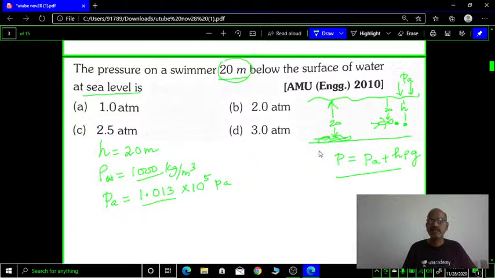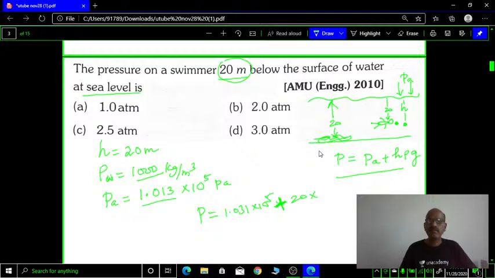Now you can go ahead. P equals net pressure. The question is, what is the pressure below 20 meter height? So P equals atmospheric pressure, 1.013 into 10 power 5, plus H rho g.